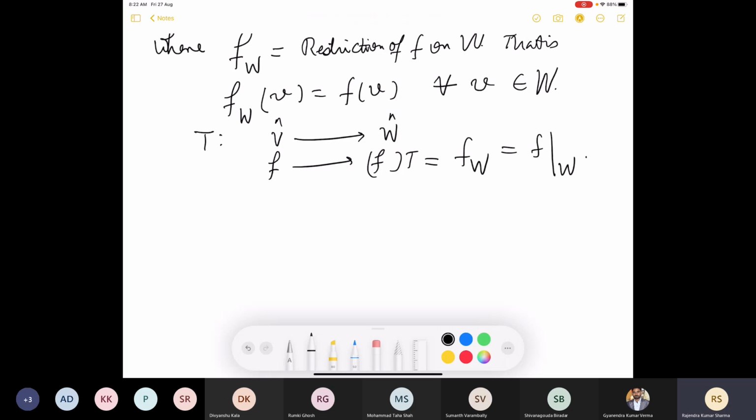You can check that this FW is actually in W hat. So you can easily see that this map is well defined.